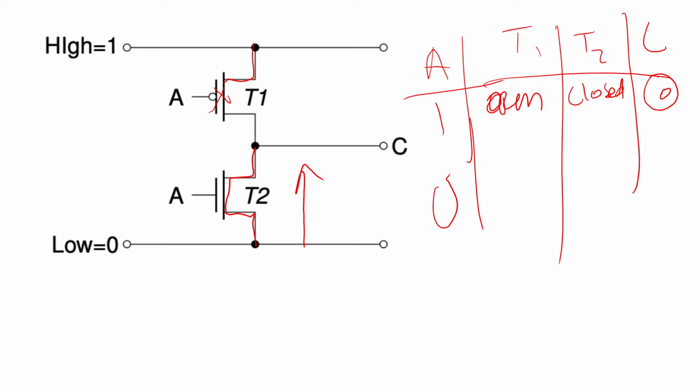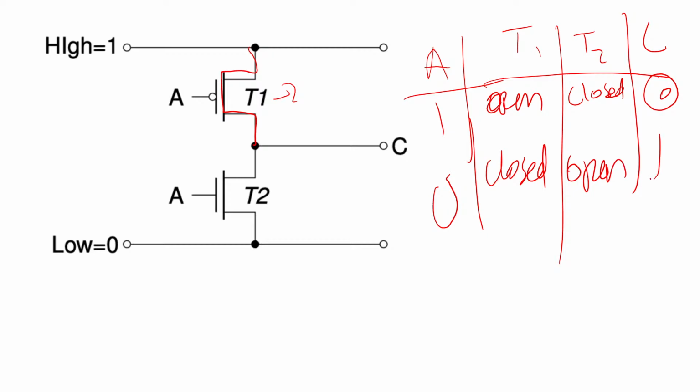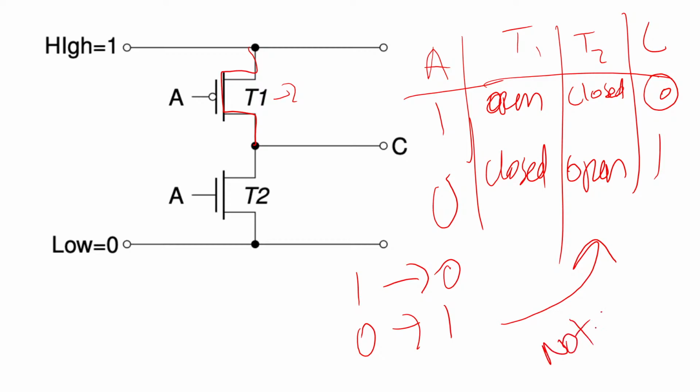Next one. Now we're gonna put 0 in and see what we get. So if it's 0, let's try come down here. Yep, we can. This is closed. And this here is open. And what do we notice? That not 1 is 0. Not 0 is 1. So this actually is a NOT gate.